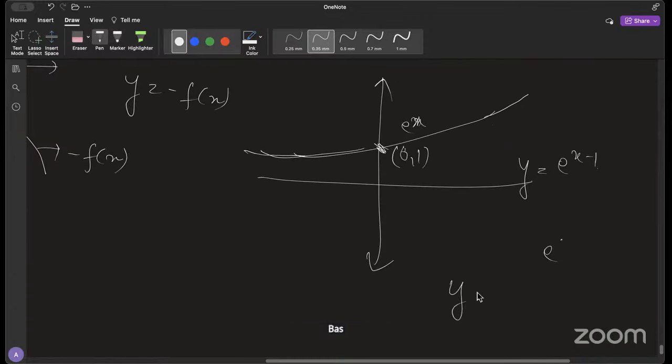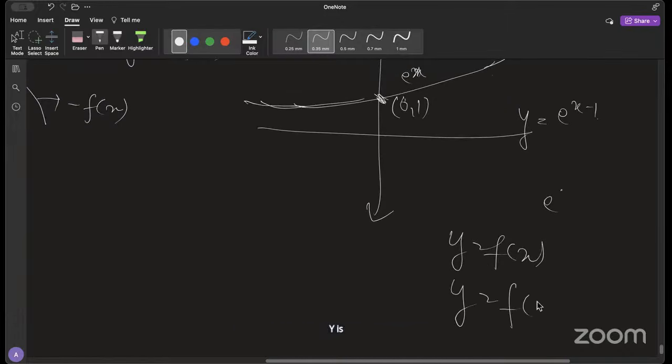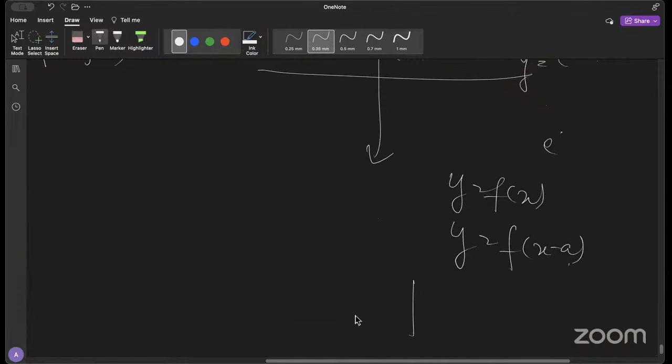Basically, when you have y is equal to f(x), if you do y is equal to f(x minus a), then your graph gets shifted a units towards the right. That means if you have this graph, then this will get shifted a units towards here.